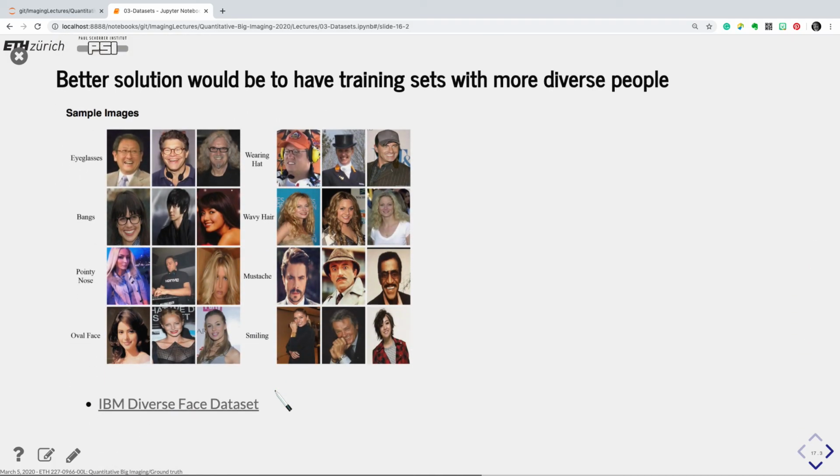So the solution, instead of just taking out the category, which is a quick panic solution that solves the problem for a little while, is actually adding more and more data, more categories, more detailed categories, in order to make a better prediction of what you have. So there is also the IBM face data set, which has a lot of categories, and I would probably say they have more categories for each picture.